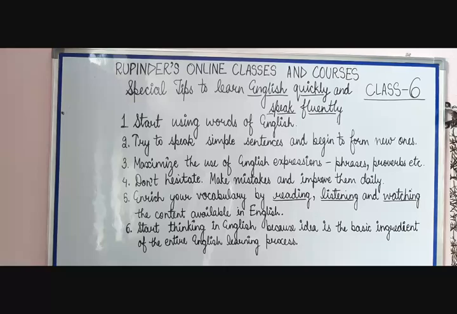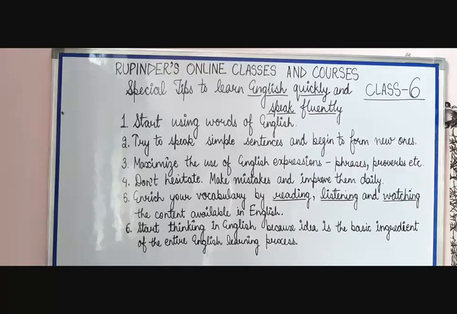This is class 6 and the topic for today is special tips to learn English quickly and speak fluently. As far as the tips or the steps of learning English are concerned, the first and foremost is to start using words of English.